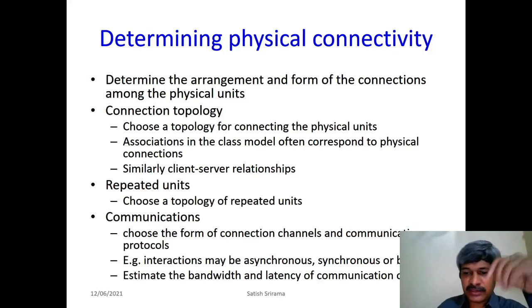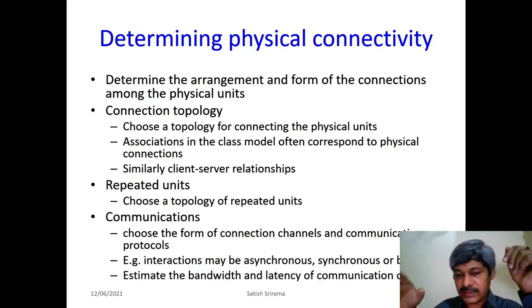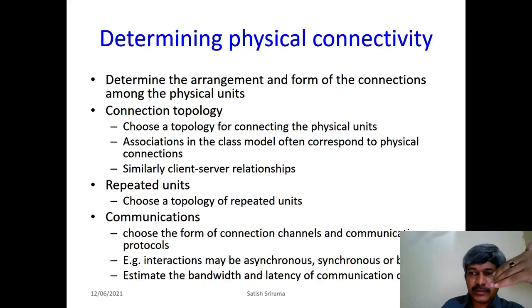Synchronous means you send the request and immediately get the response; you wait till the response. Asynchronous means you send the request and eventually the response comes back. Blocking is a different form of synchronous where you do not wait immediately but regularly check, and your call is blocked until the response comes. That's about the different forms of interactions.